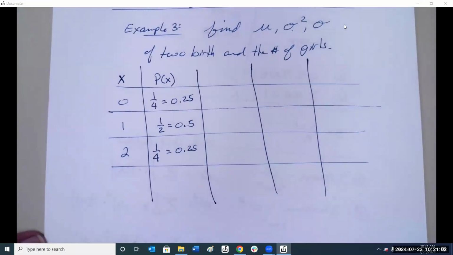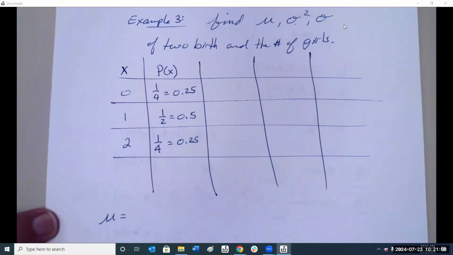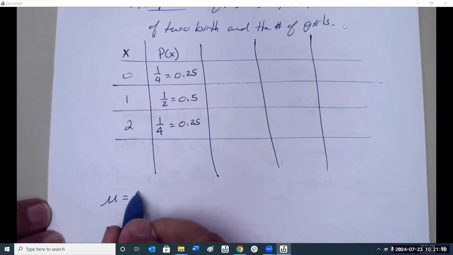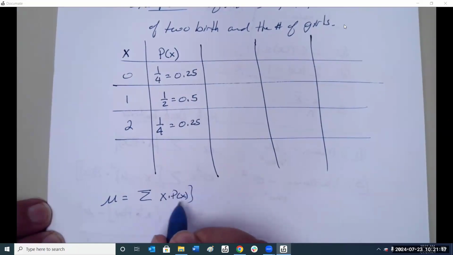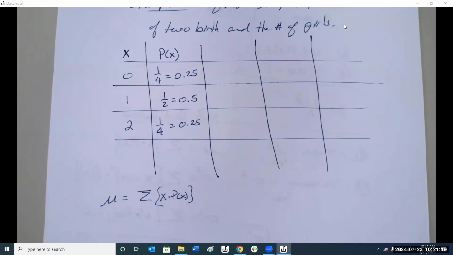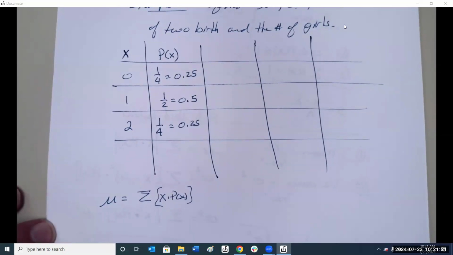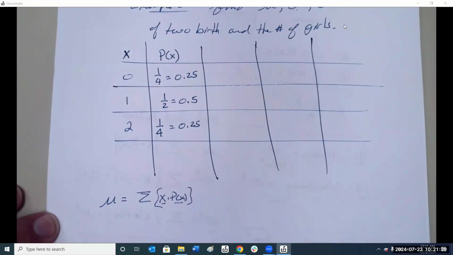To build our table, we have to look at the formulas we're dealing with. The formula for the mean is the summation of x times p of x. So the first thing we have to do is multiply x times p of x, and then add them all up.